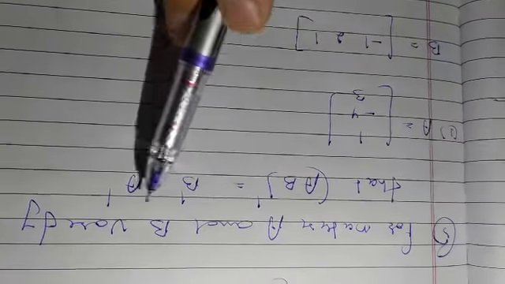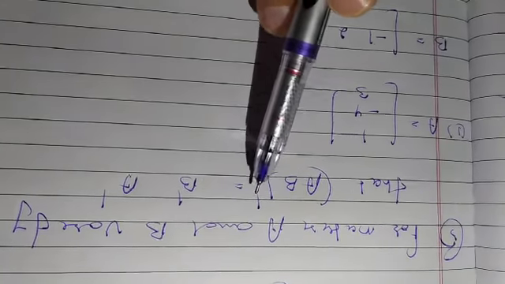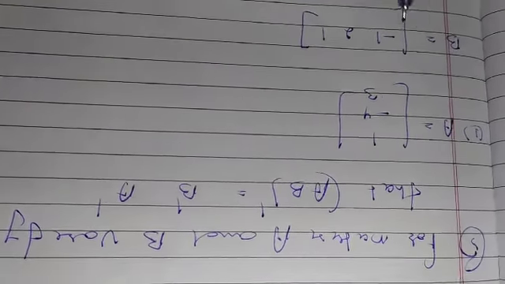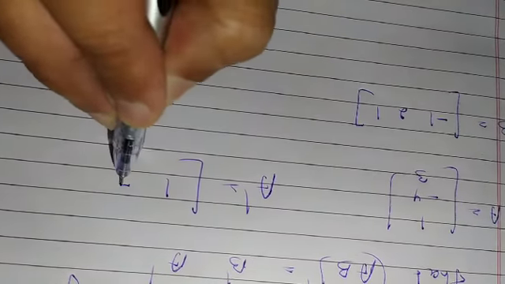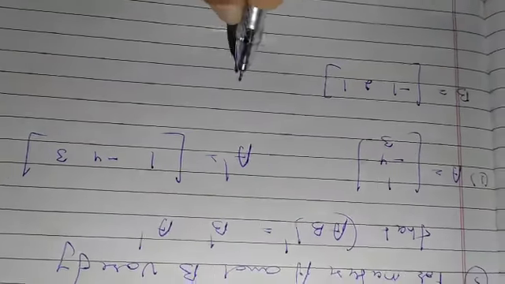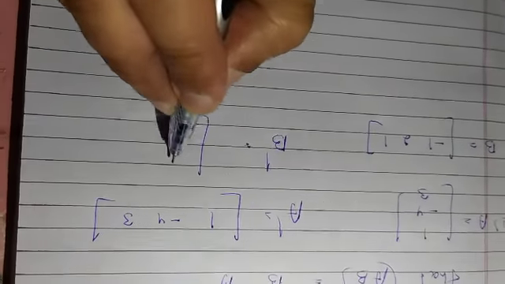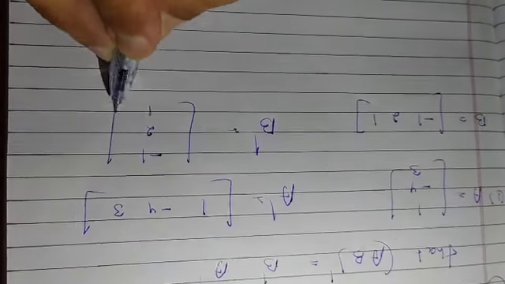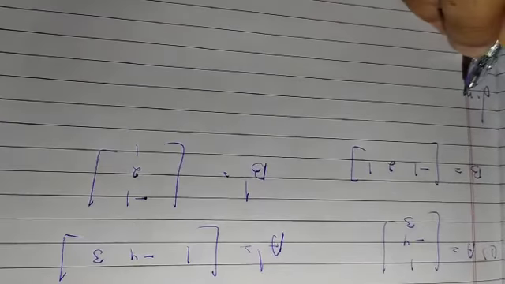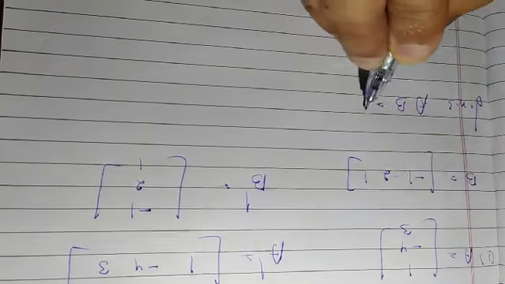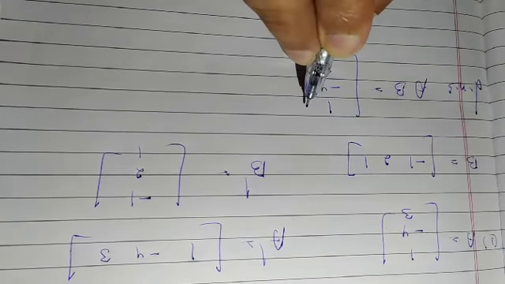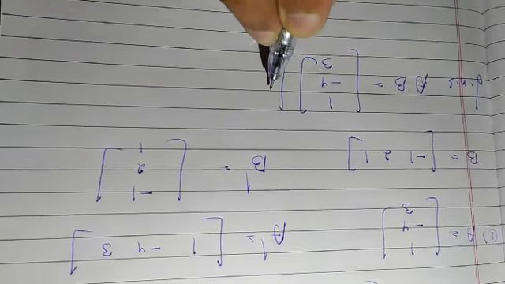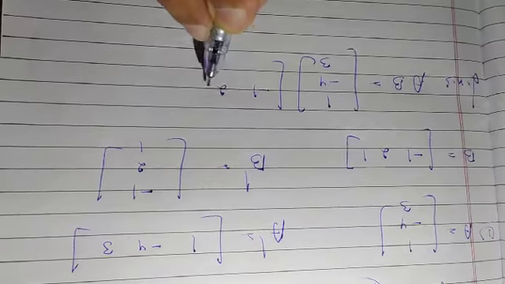For matrices A and B, verify that AB transpose is equal to B transpose into A transpose. A transpose is 1, minus 4, 3. B transpose is minus 1, 2, 1. Left hand side, AB: 1, minus 4, 3 multiplied by minus 1, 2, 1.